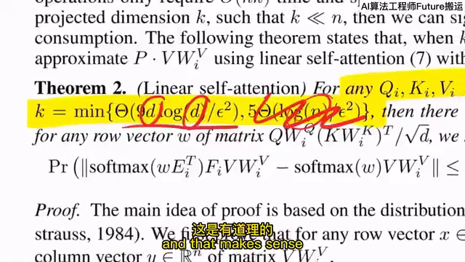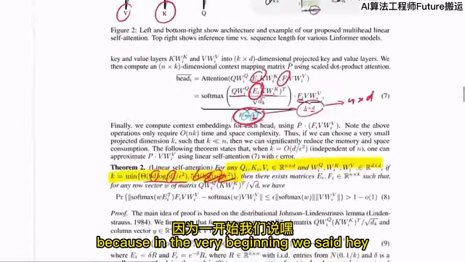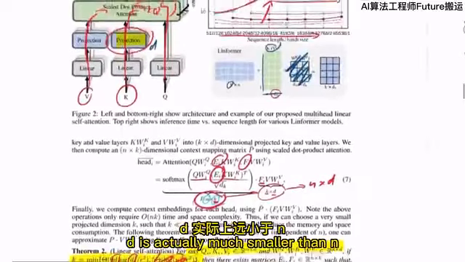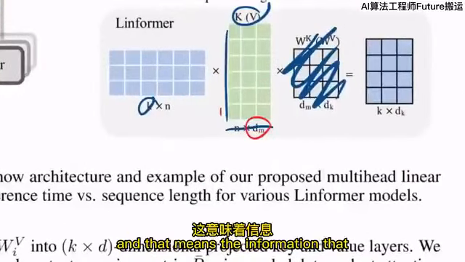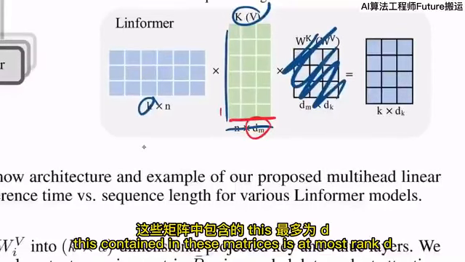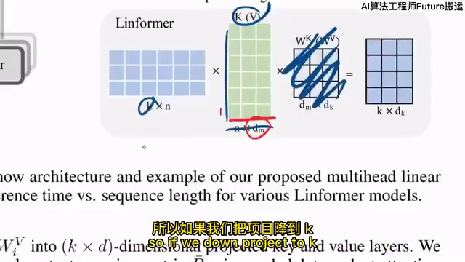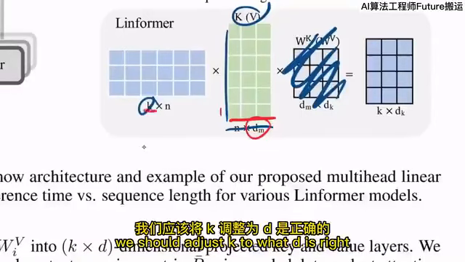And that makes sense because in the very beginning, we said, hey, d is actually much smaller than n. And that means the information that is contained in these matrices is at most rank d. So if we down project to k, we should adjust k to what d is, right?